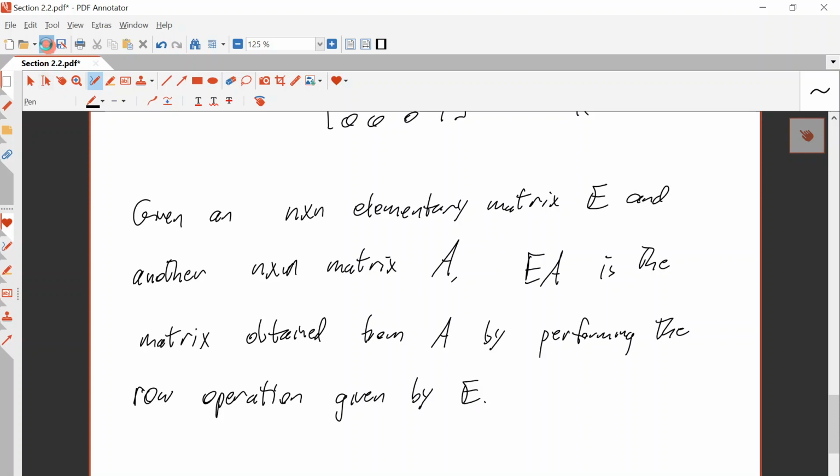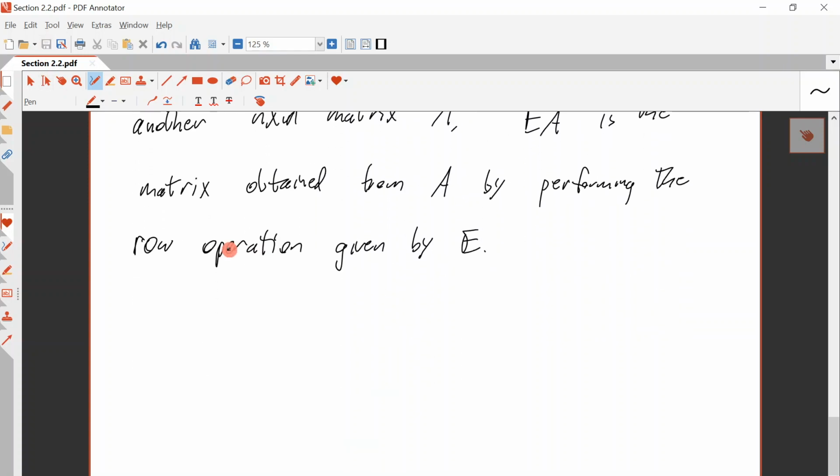Okay, well, one has to verify this, but we're not going to get into it in too much detail, so let's just check out an example. Let's do 3 by 3. So 1, 0, 0, 0, 1, 0, and now minus 2, 0, 1. Right?